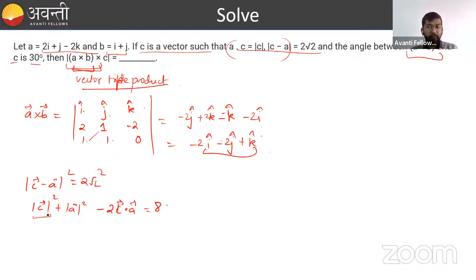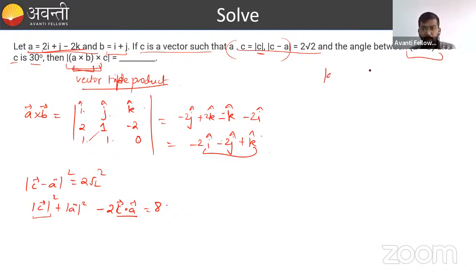And C bar dot A bar is given as mod of C. And we know the modulus of A bar. Modulus of A bar is 3, right?